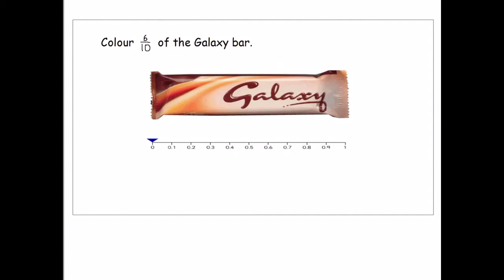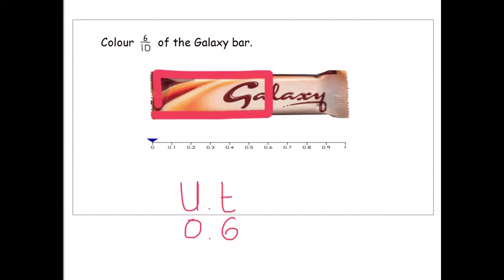Colour 6/10 of the galaxy bar. So again, we have units and tenths, and we have to colour in 6/10, so it's 0.6. So we colour along our number line up to 0.6 because that is 6/10.